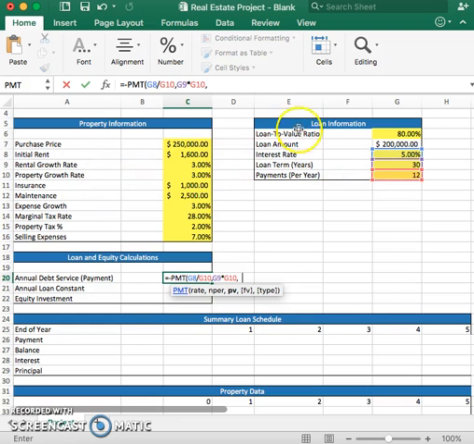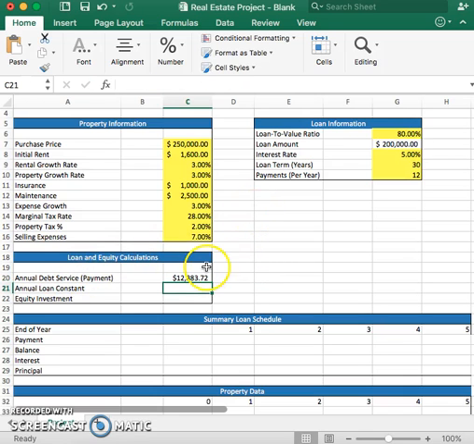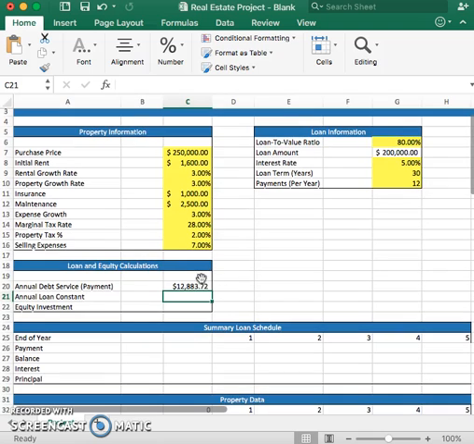Next, we get G7, which is the loan amount, and 0, close parentheses, and then we multiply that by 12 to get the annual payment, since that's what it's asking for. That gets us $12,883.72.